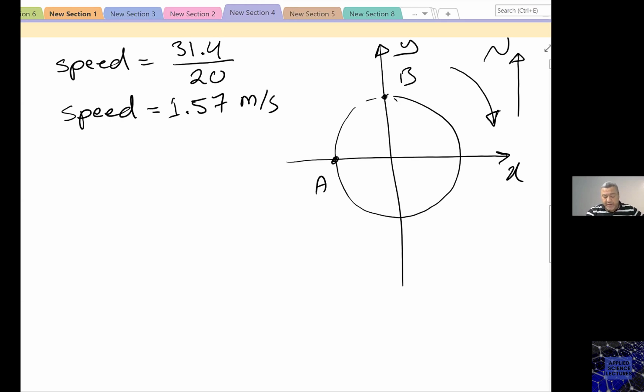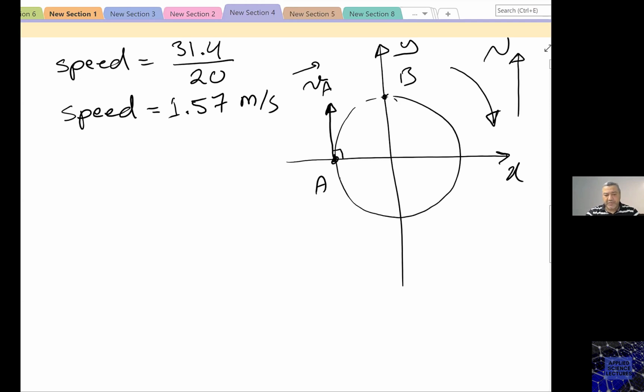So if I am at point A, that's the path, it's a circular path. In order for me to draw the velocity, I draw the tangent line. So the tangent line right here is perpendicular to the radius as well. So I can say that this is the direction of VA. So it is always perpendicular.